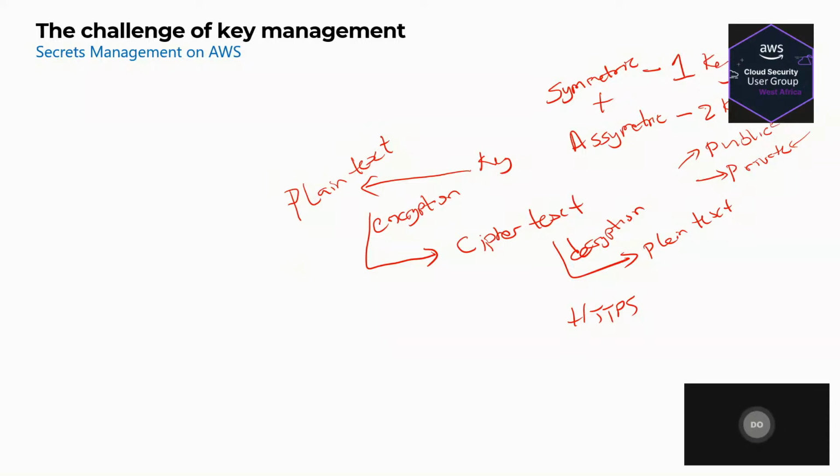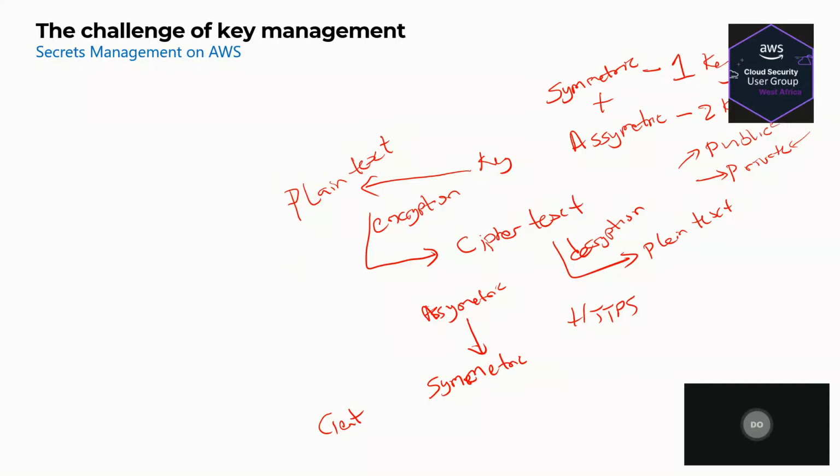So what it's going to do is generate a symmetric key that it's going to use to encrypt the back and forth conversation between the client and the web server. However, it's going to use an asymmetric key to protect this symmetric key, or to protect the initial transfer of this symmetric key.